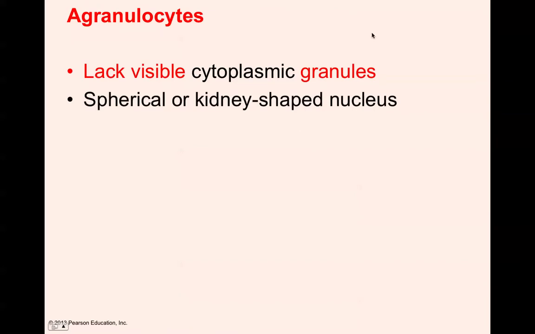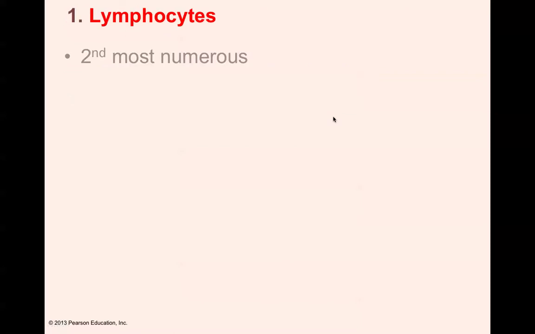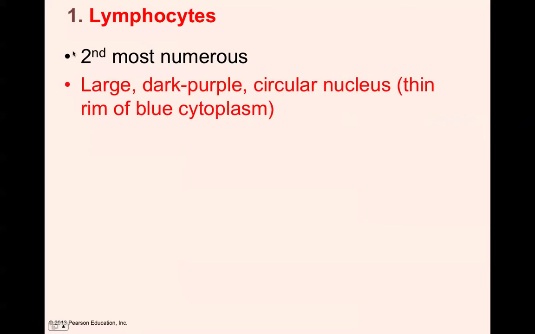Agranulocytes don't have the cytoplasmic granules. They have either a spherical or kidney-shaped nucleus. Of these agranulocytes, you've got lymphocytes. Lymphocytes are the second most numerous type of leukocyte. Remember, lymphocyte is different: leukocyte means a general white blood cell, while lymphocyte is a specific kind of white blood cell.